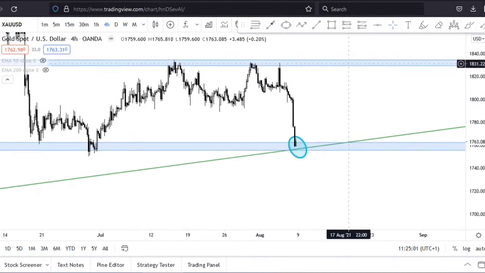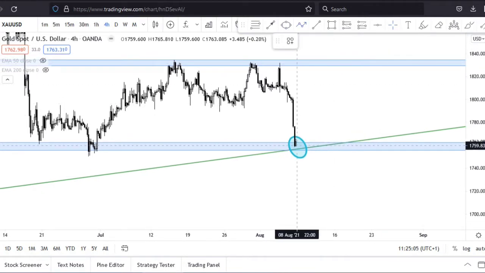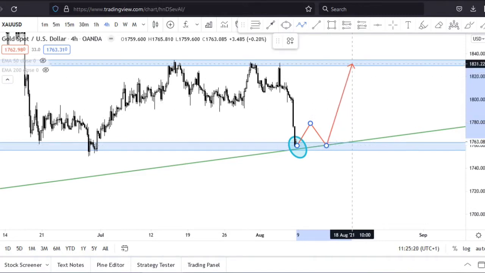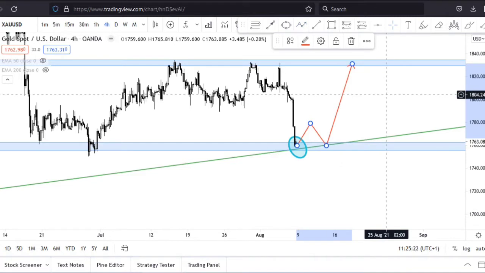Because if we get a bullish signal around this area over here, then we'll be looking to take our buy entry to the upside. And as we know, with this trade, most of the time price would retrace up a little bit, come back down to test the trend line and support level, forming like a double bottom before moving back to the top.